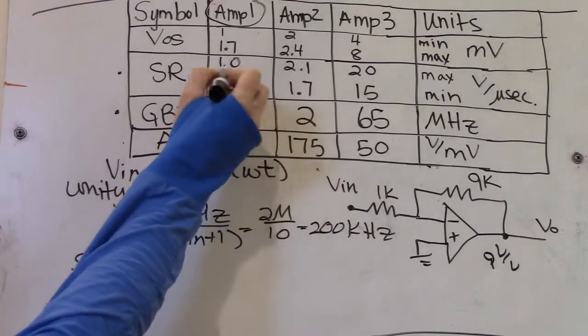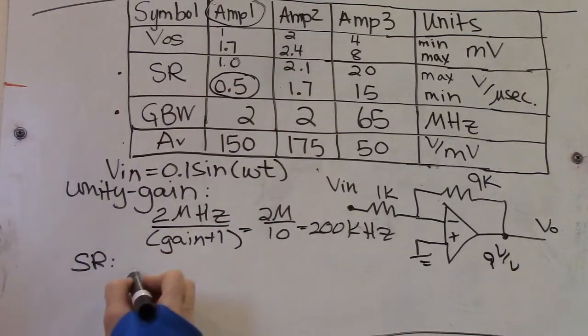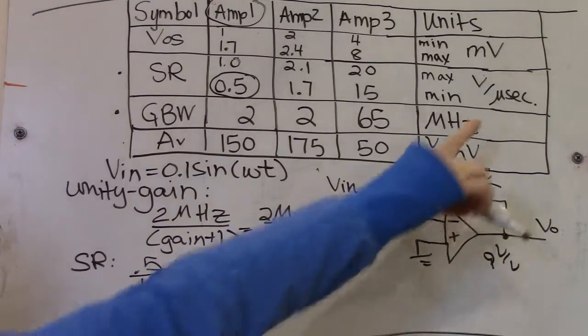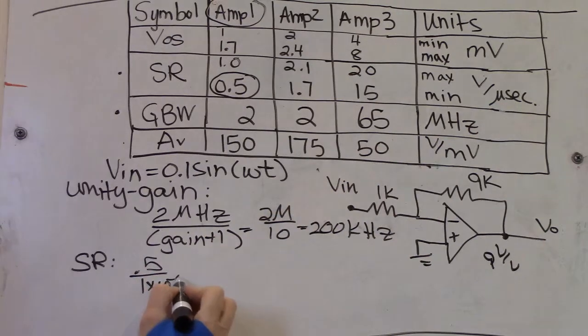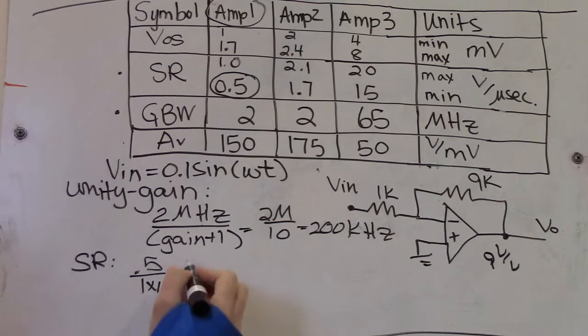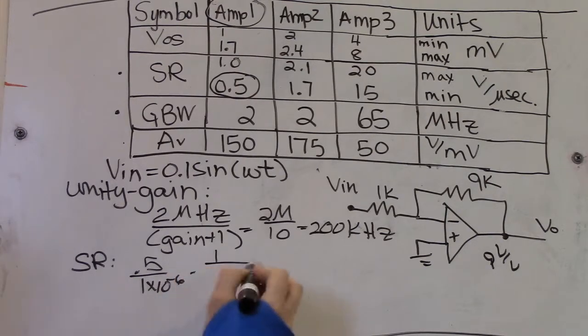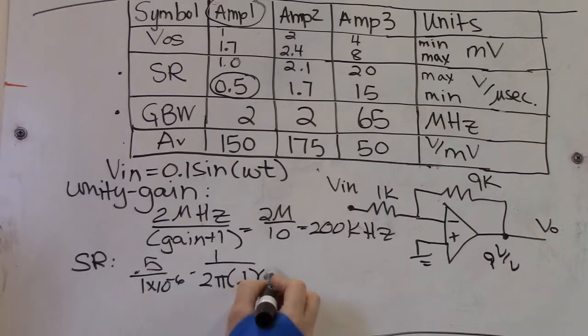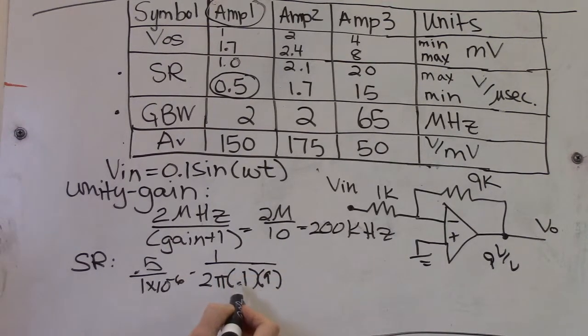So you would use 0.5 over 1 times 10 to the minus 6, since you need to use microseconds, then multiply by 1 over 2 pi, and then the gain times the input would be your peak value.